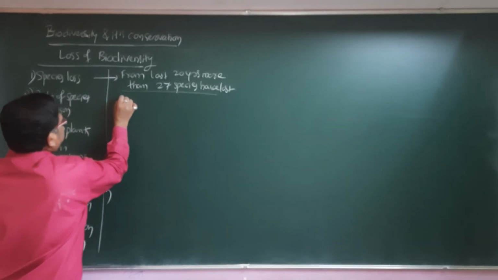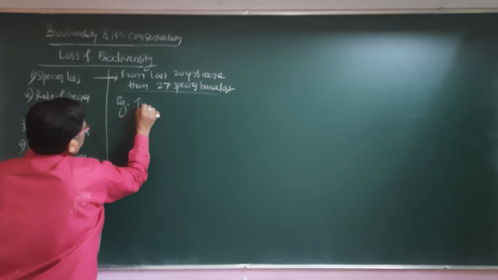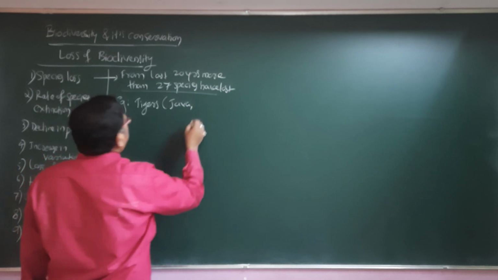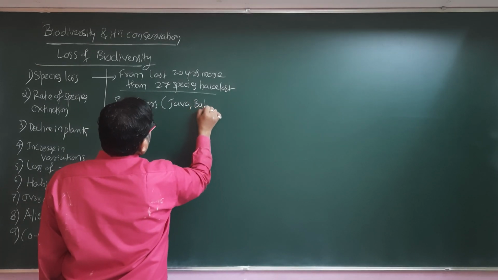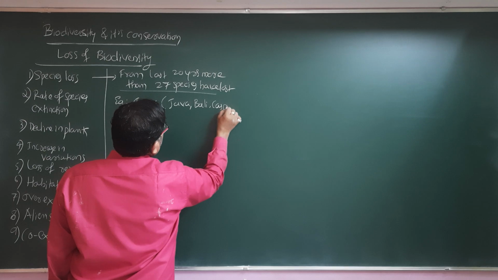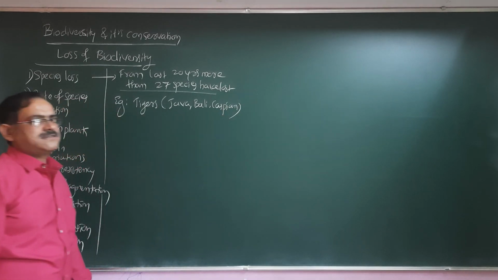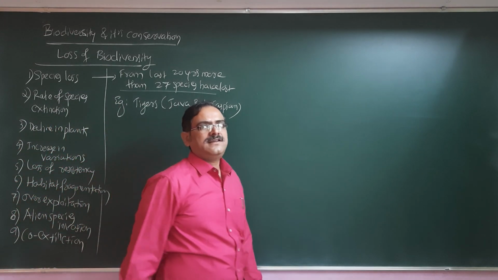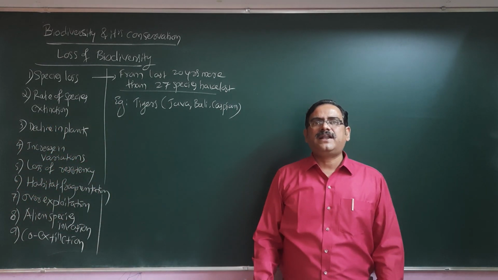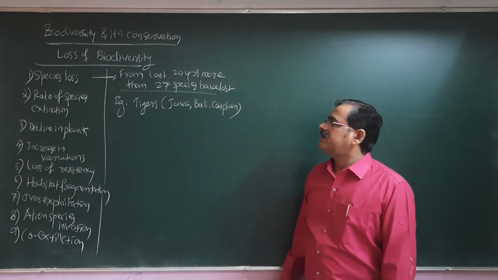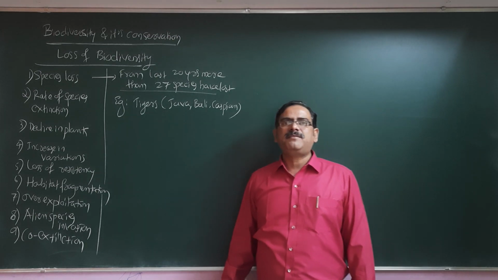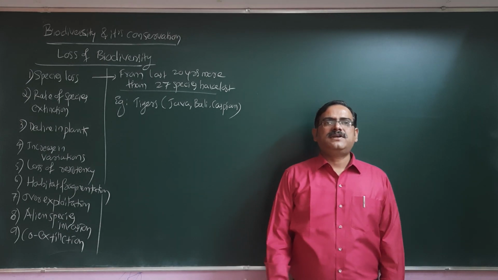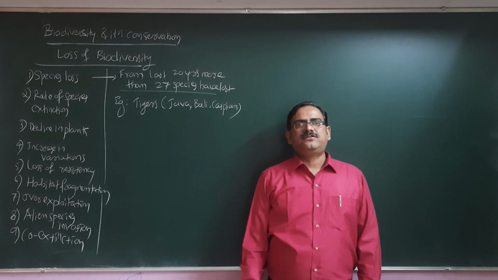That includes a few examples: tigers of Java, Bali and Caspian. From these regions, tigers were over-poached for their skin, nails, jaws, and canine teeth. People keep on killing the tigers, and even some people believe that the bone marrow of the tigers gives aphrodisiac or sexual strength.